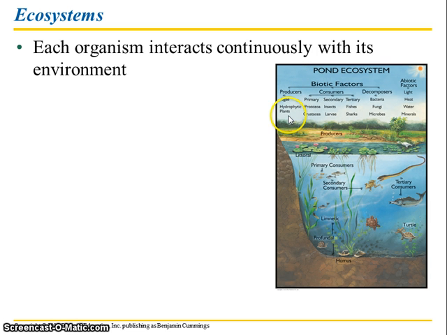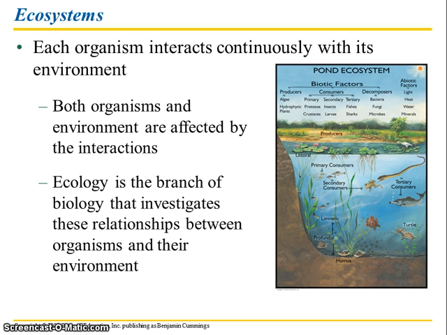The biotic factors are who's making the nutrients, consumers, decomposers. Both organisms and the environment are interactive. We'll see different nutrient cycling and energy moving through. Ecology is the branch of biology that looks at this. I would consider myself an ecologist. I look at the relationships between elephants and their different nutrient areas and then their predators.